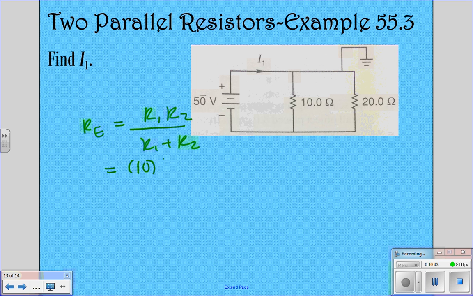So we have 10 times 20 over 10 plus 20. So the 10 times 20 is 200 over 30, and so that's 6.67. 6.6 repeating technically, but they rounded it to 3 sig figs.